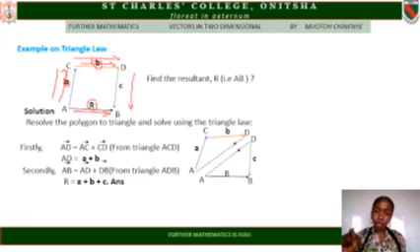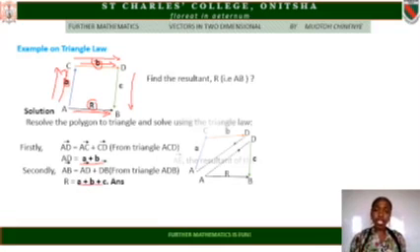Moving from D to B is called vector DB. In that case, vector AB, which is the resultant R, is equal to vector AD plus vector DB. And remember, vector AD as solved is already given as A plus B. So when you add this A plus B to the vector DB, and vector DB is C, the resultant, as asked in the question, will now become vector A plus vector B plus vector C. And that gives us the answer.